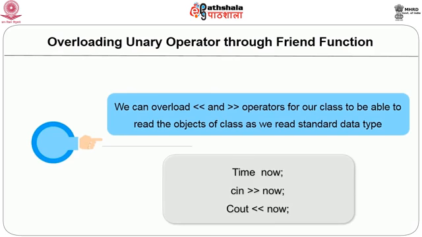So, let us say if we have a time object now, if we want to read it as cin now and cout now, how can we make this work? Well, we can make this work by overloading insertion and extraction operators.